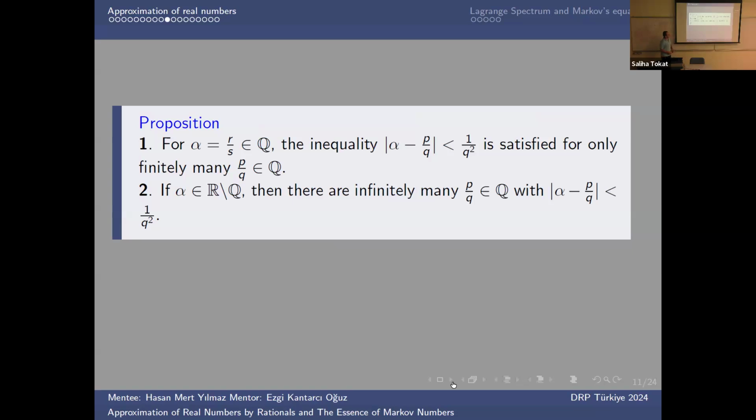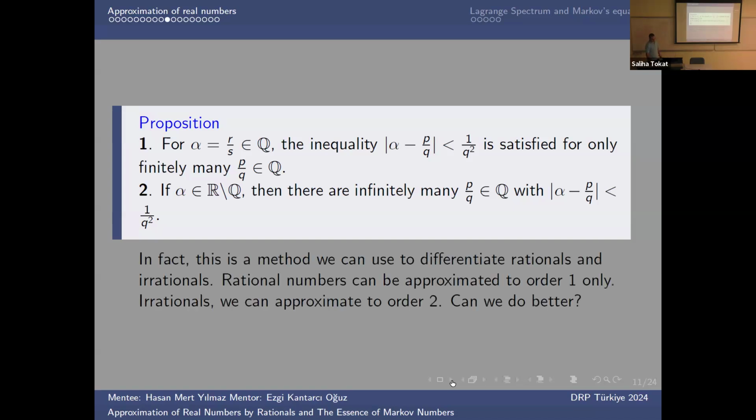If alpha is a rational number, the inequality is satisfied for only finitely many rationals. So no rational number can be approximated to order 2. But if alpha is an irrational number, then it can be approximated to order 2. This is a distinguishing feature between rationals and irrationals, but there is more.